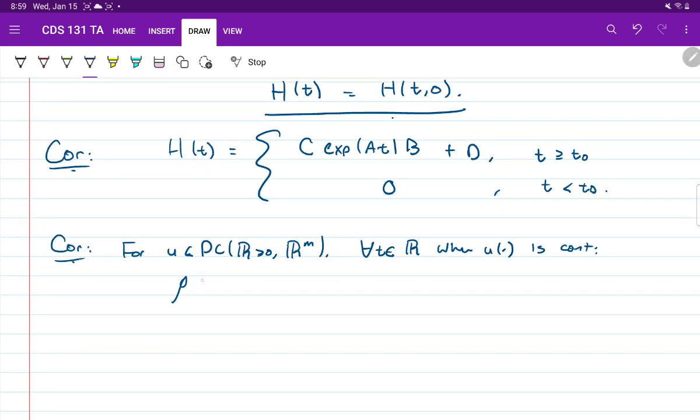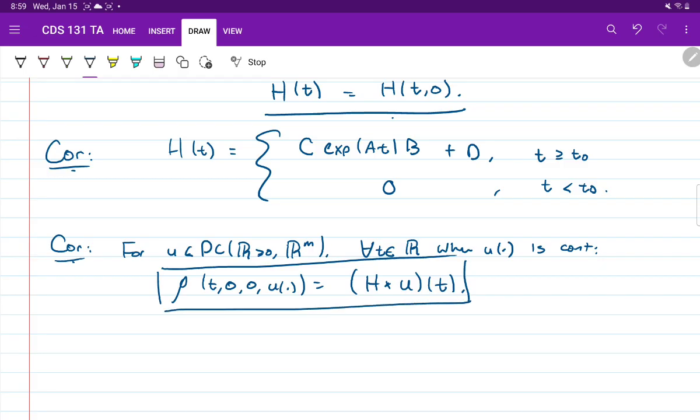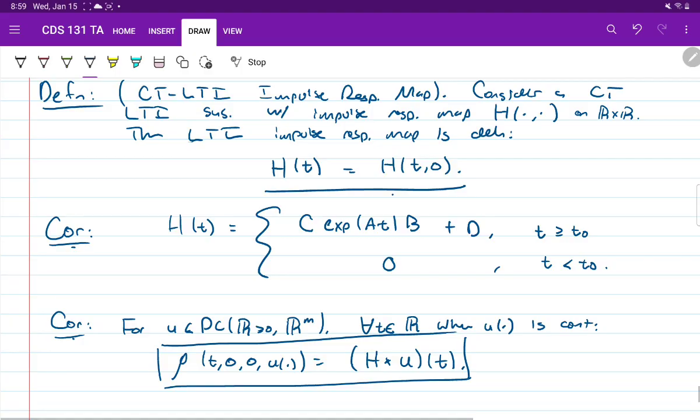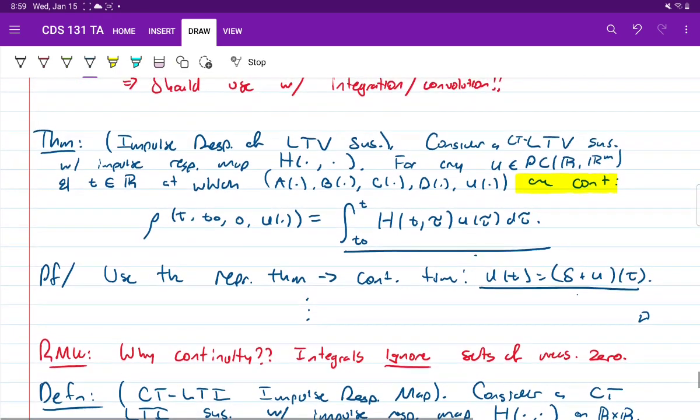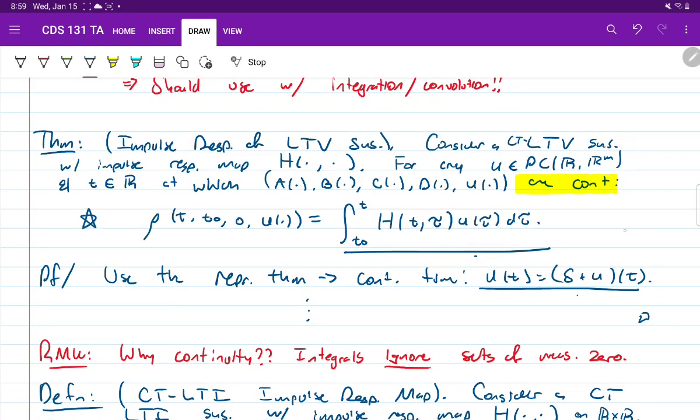So we have rho of t, 0, 0, u equal to the convolution h star u evaluated at time t. This gives us our convolution formula in continuous time. Again, this follows from a combination of these different definitions and this impulse response property up here.